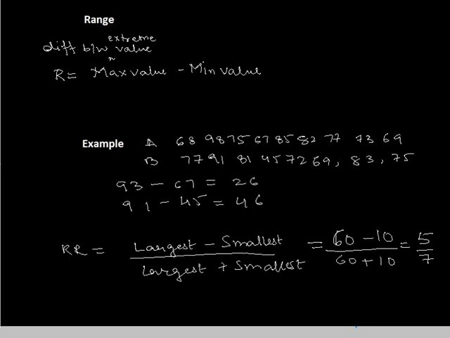It is also useful in studying the variation in prices of stock and so on. But because it gets really affected by the extreme values in your data, it is not supposed to be a very useful method of finding out dispersion.